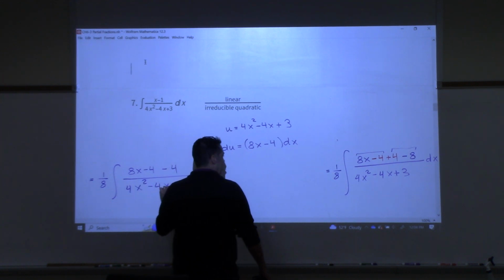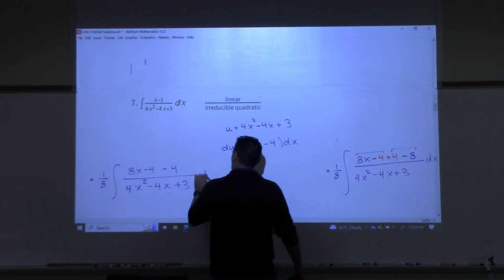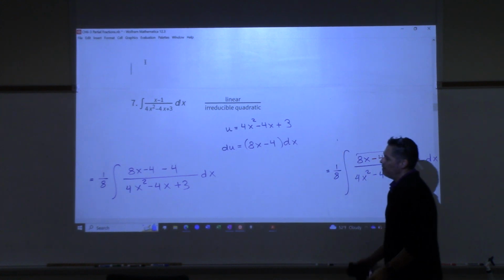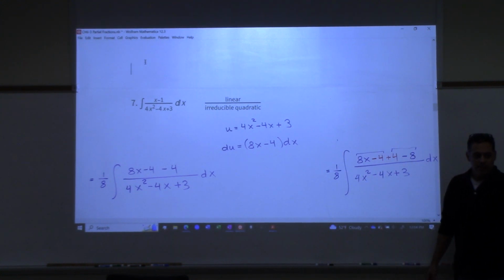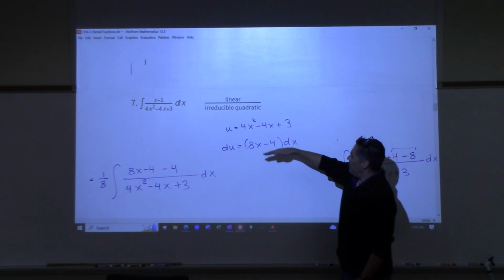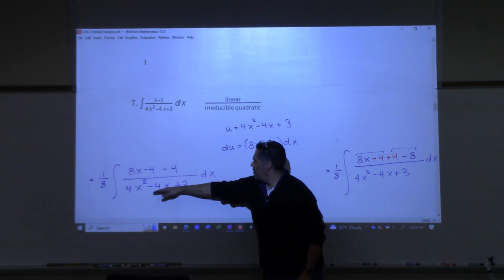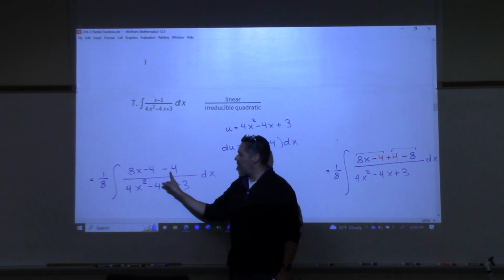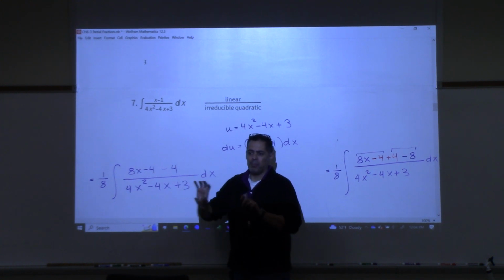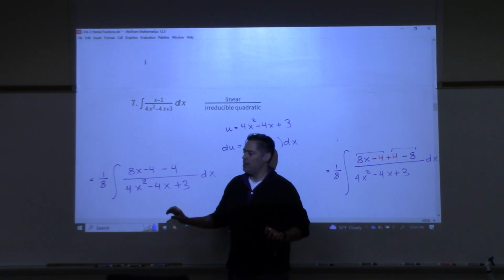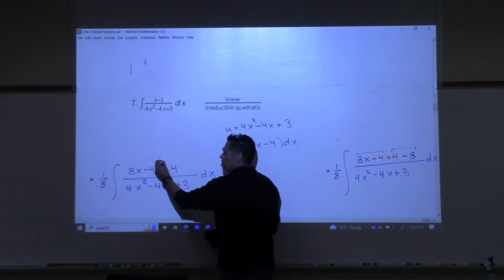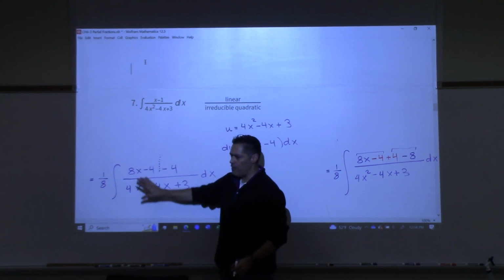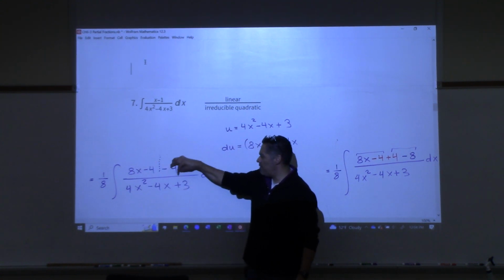All right, that's where we are, right? Now, if I let u be the bottom, the derivative of that is up top, except that's not, right? That's no good. So I'm going to split this into two integrals. The first integral is going to be this over that, and the second integral is going to be this over that.